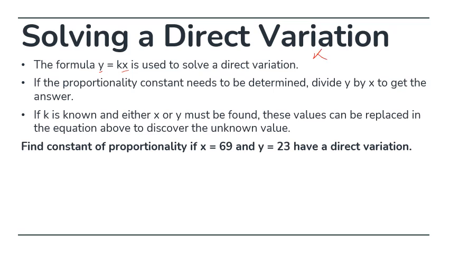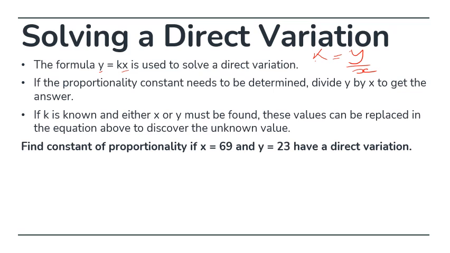It's simple. You just make it the subject of the formula, so it will be y over x, that is y divided by x. If you know k, you can find either y or x. You just replace those values with the figures that you are given.